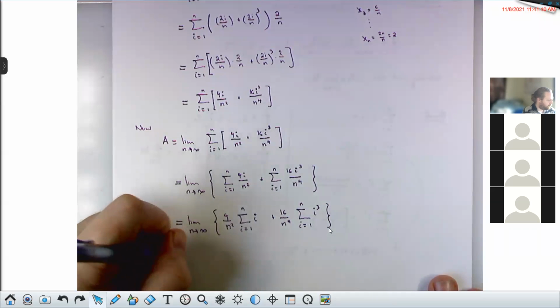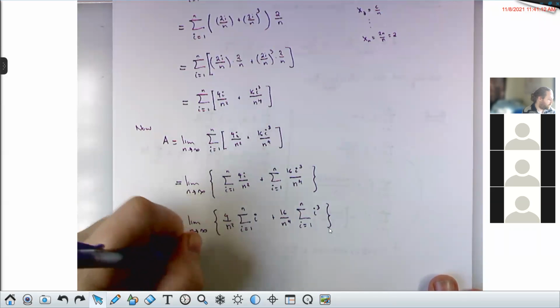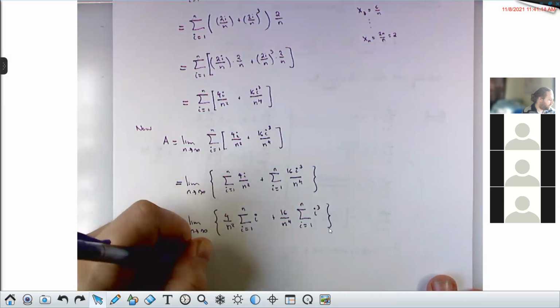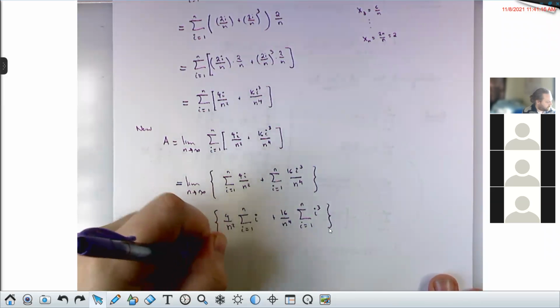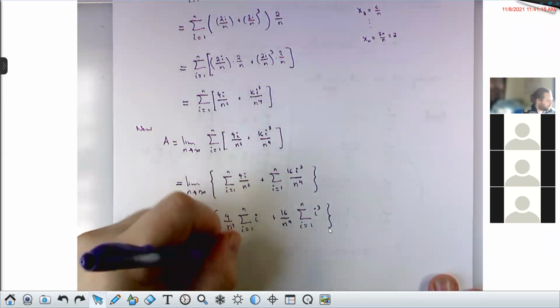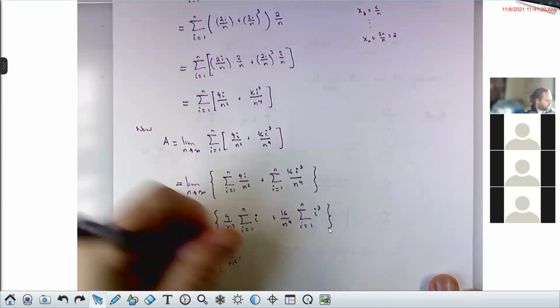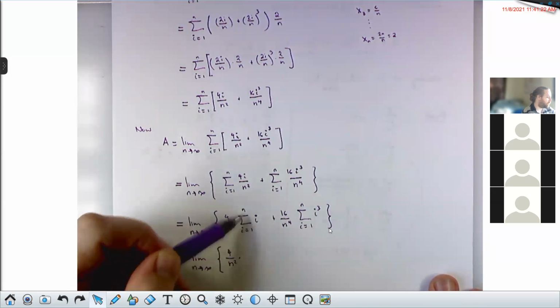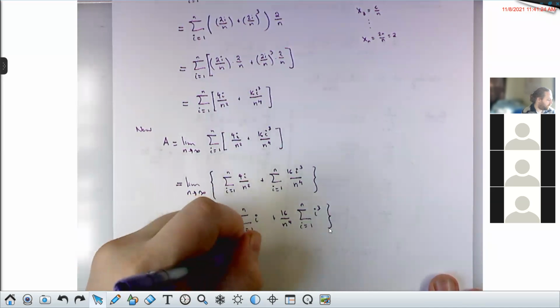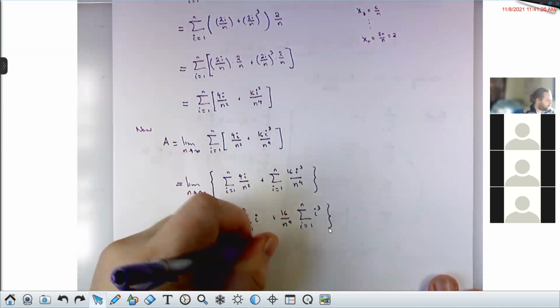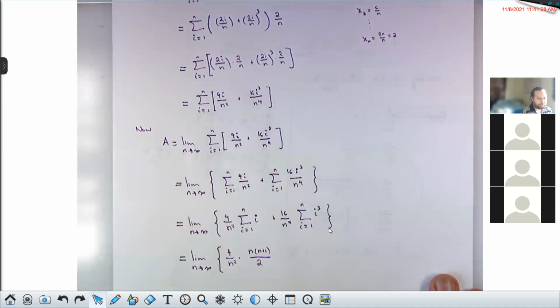So I have here the limit as n goes to infinity of 4 over n squared times the sum from i equals 1 to n of i, which is n times n plus 1 over 2.